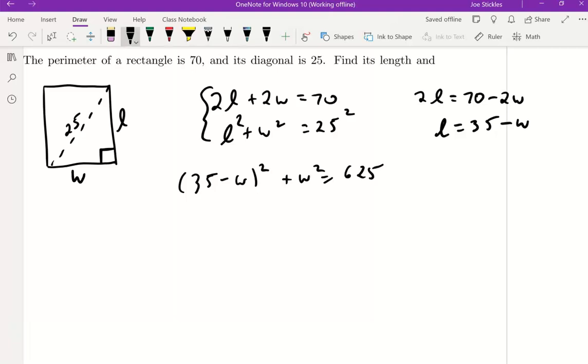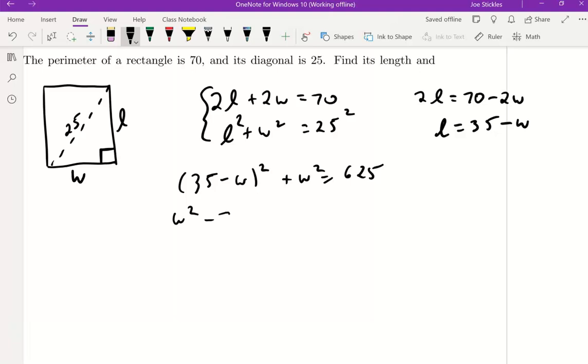Go ahead and just simplify that now while I'm at it. Probably need to multiply this thing out and then refactor it. If we multiply this thing out, we would get W squared for that part.